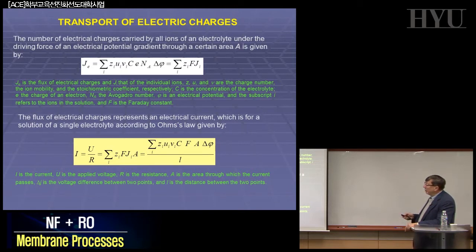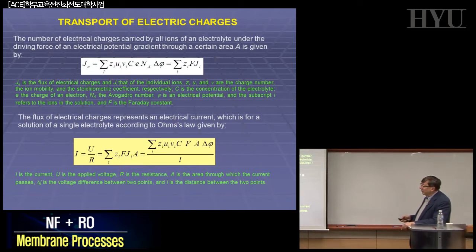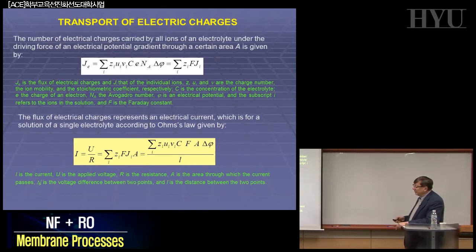And this is the overall sum for the different ions which are present, that will be the electrical flux in the system. F is just the Faraday constant, the charge of one mole of electrons.